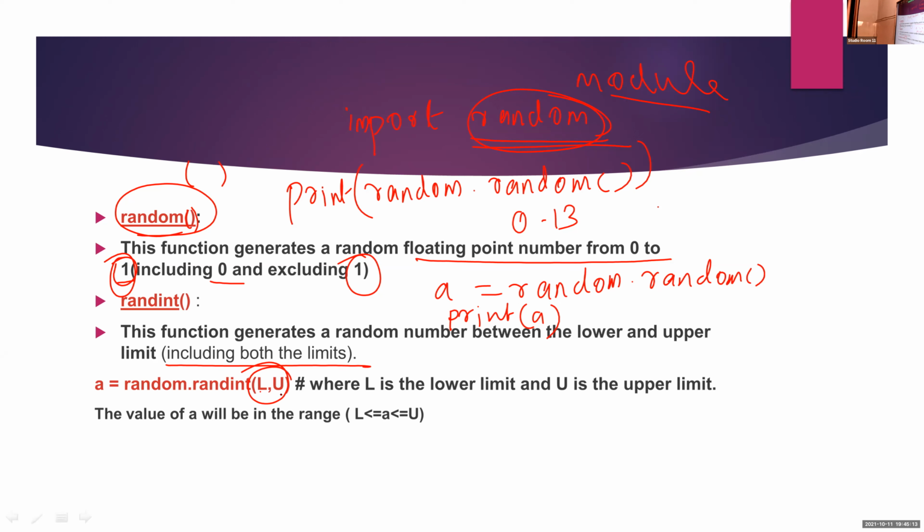Where L is the lower limit and U is the upper limit, the value of A will be in the range L less than or equal to A less than or equal to U. A is the number. I'll give one example, then you can understand the concept.